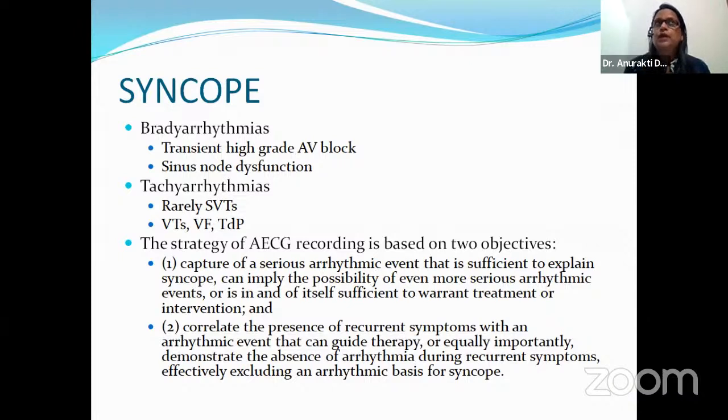The patient had a symptom, but at that time you're not seeing any arrhythmia on the AECG, so it rules out that this can be the basis of syncope.